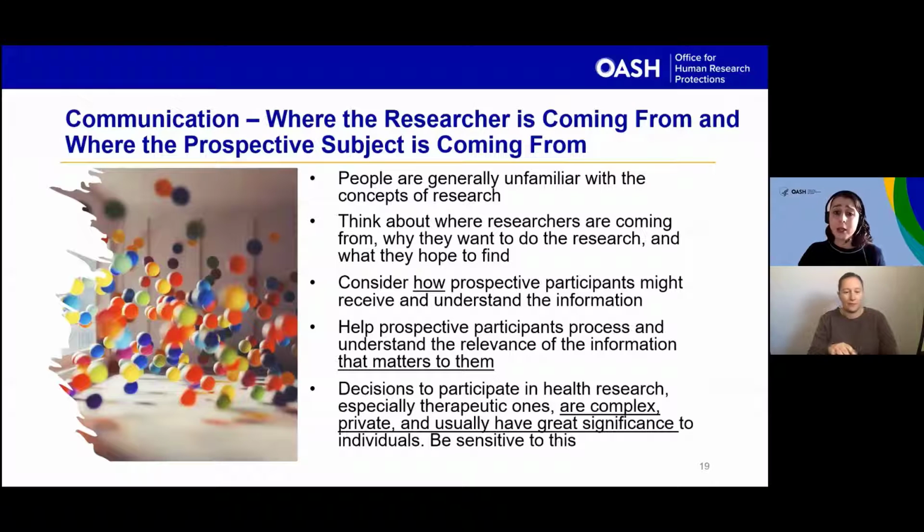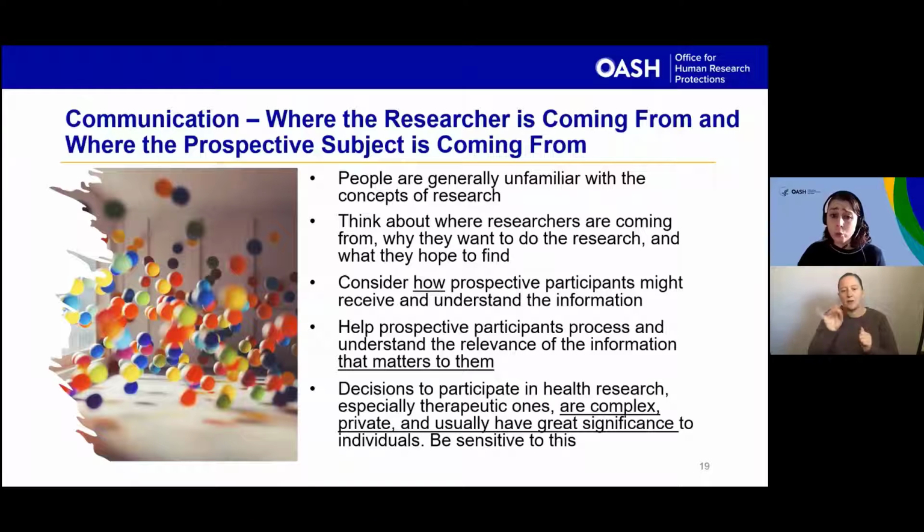But the key here is finding a way to communicate in ways that recognize the different starting points of researchers and their prospective research participants. Now, this means recognizing that people are generally unfamiliar with the concept of research.